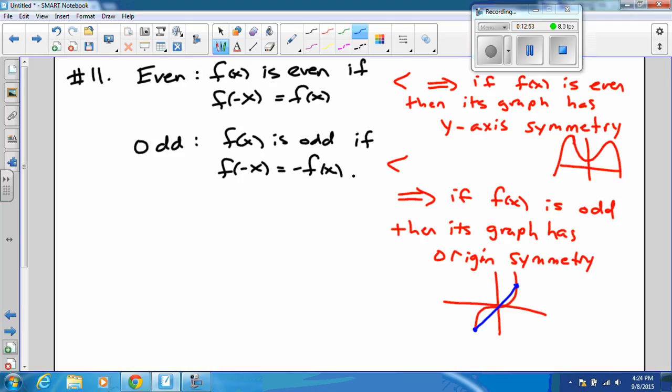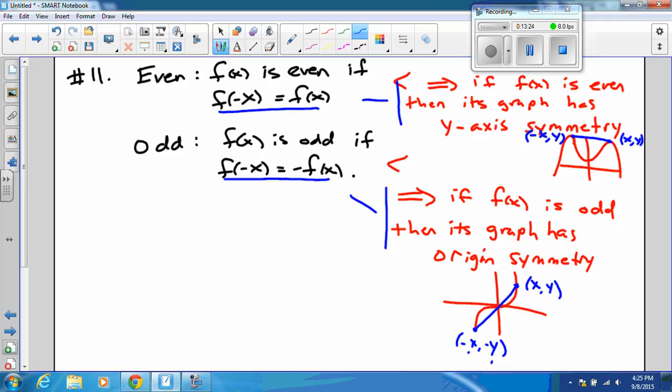And you can see that this here and this here are actually just graphical restatements of the definition. In that, what we are saying is that if I plug in negative x, I get negative y. And over here, what we are saying is that if I plug in negative x, I get the same y. So that is equivalent to the definition that we have here.